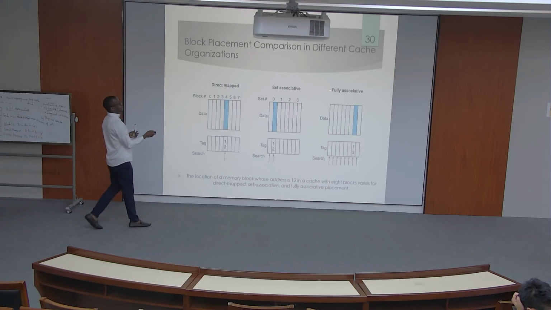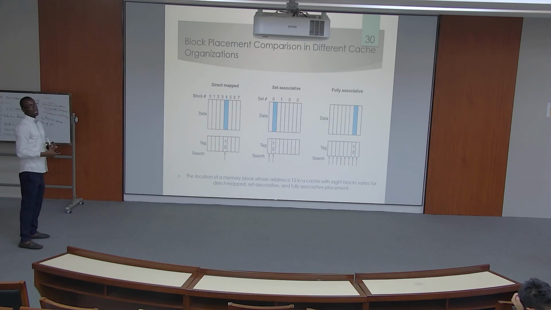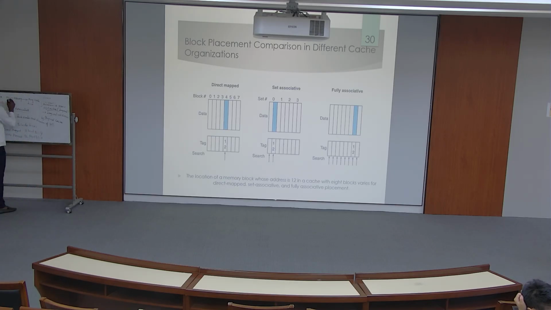Okay. So we have fully associative. For fully associative, we have 8 lines, and the main memory block can be loaded into any cache line.